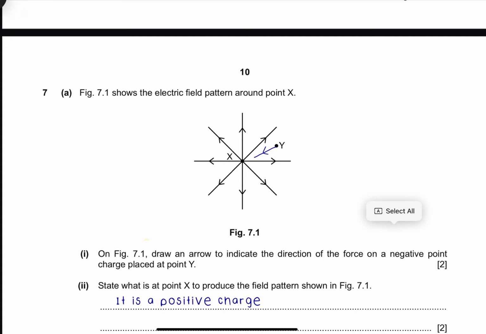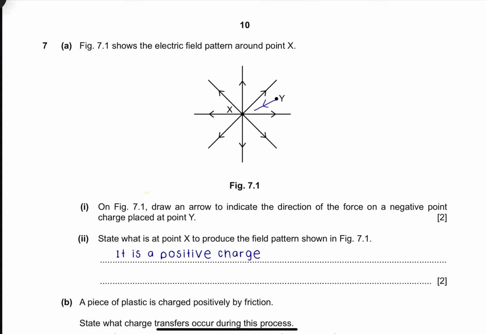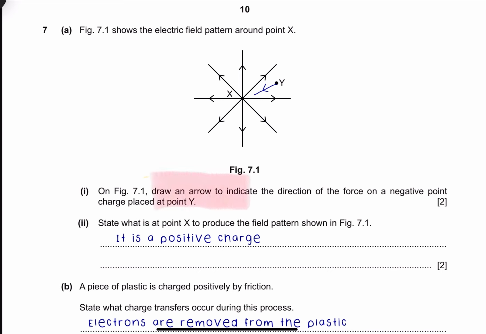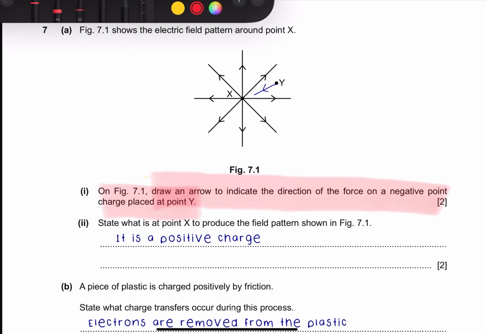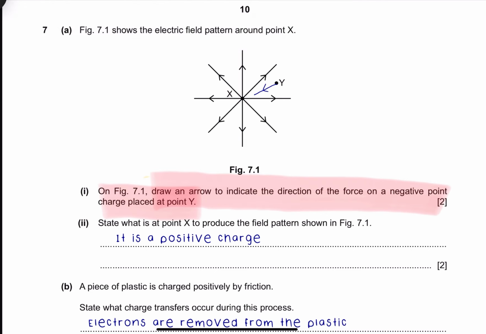In question number 7, the figure shows the electric field pattern around point X. Draw an arrow to indicate the direction of force on the negative point charge placed at point Y. A negative charge always experiences force opposite to the electric field. So if the electric field is in this direction, the force will be in this direction.